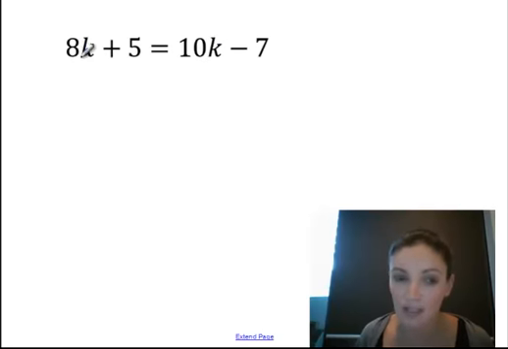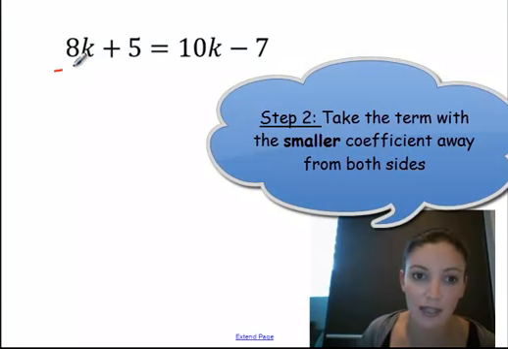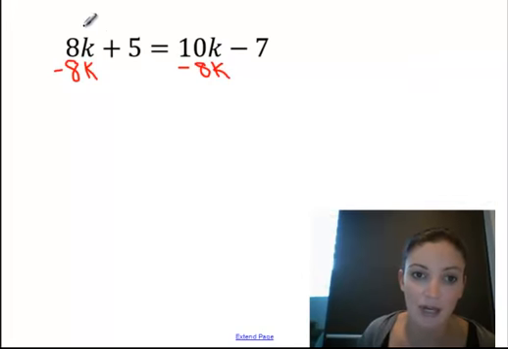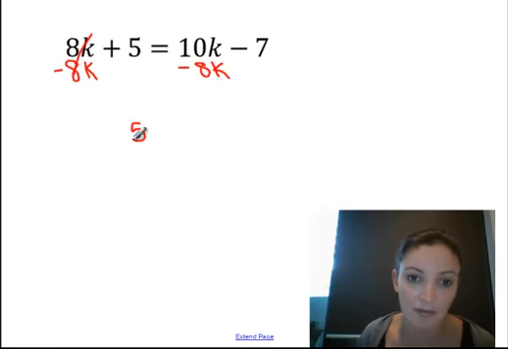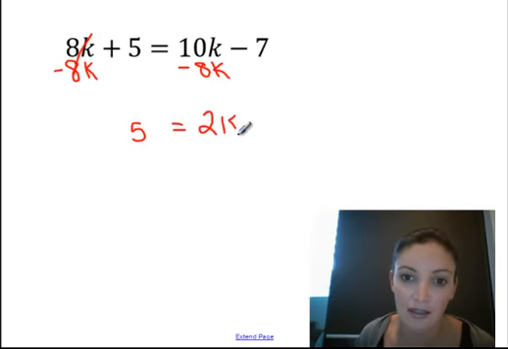Now 8 is smaller than 10, so what I'm going to do is take away 8k from both sides. Now when I take away 8k from this side, 8k minus 8k is 0, so I'm just left with 5 is equal to 10k minus 8k, which gives me 2k, minus 7.